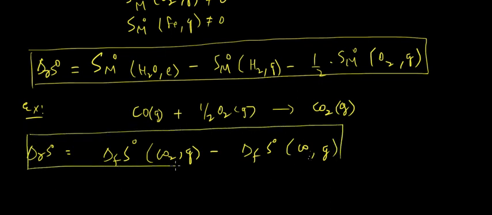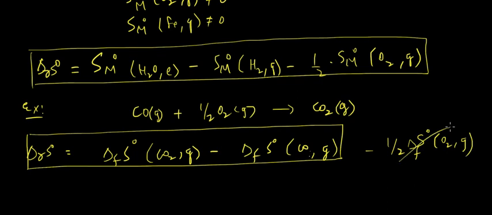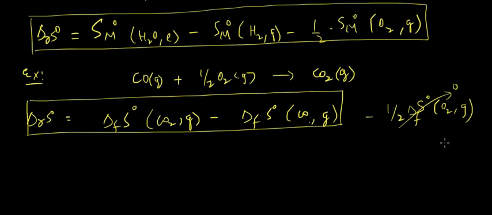Of course, there would also be another term, minus half ΔfS° O2(g), but that would be considered as 0 because this is in elemental form.